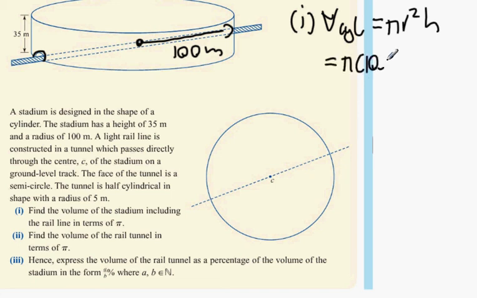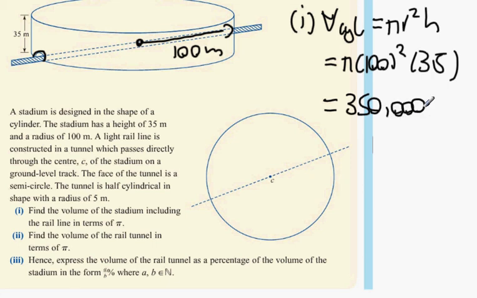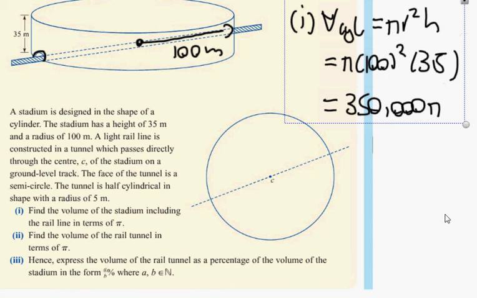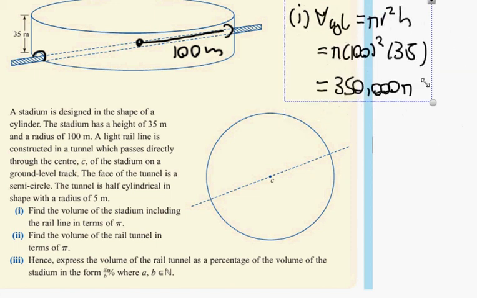Okay, so 350,000 pi, that's part 1 in the top right. Now remember your meters cubed for full marks. Okay, meters cubed.